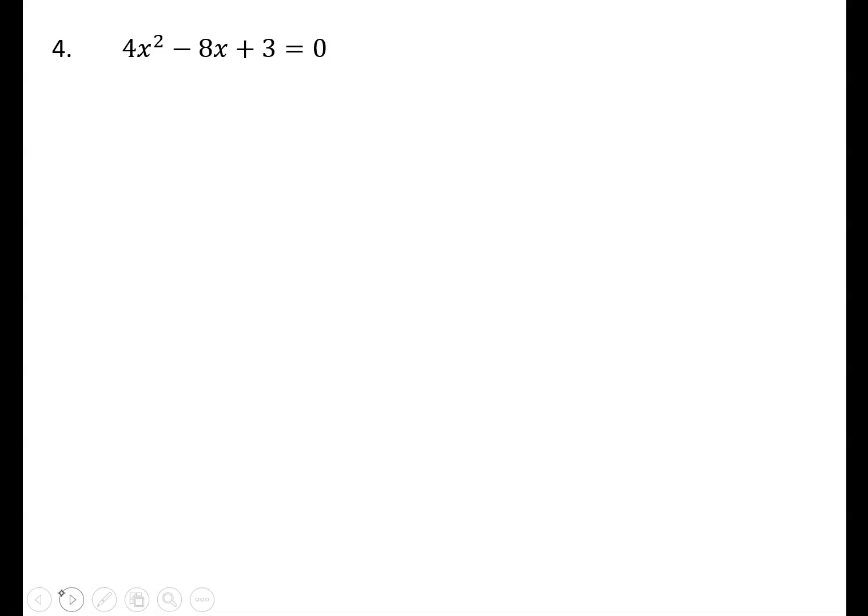Okay, let's do one more example of completing the square. First step, move the 3 to the right side. So we're subtracting 3. Now, second step, which we haven't done so far: here we look at our coefficient of x squared and it's a 4.